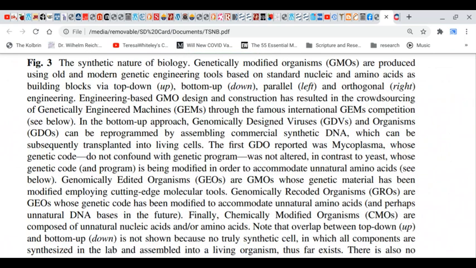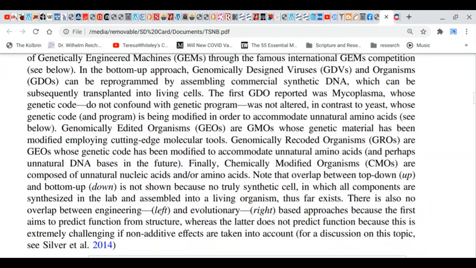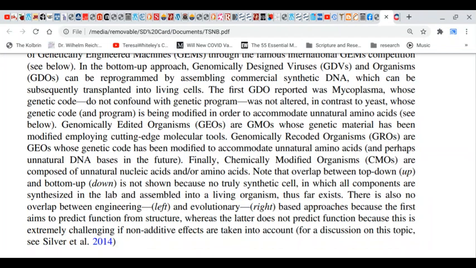Genomically edited organisms are GMOs whose genetic material has been modified employing cutting edge molecular tools. Genomically recoded organisms are GEOs whose genetic code has been modified to accommodate unnatural amino acids and perhaps unnatural DNA bases in the future. Finally, chemically modified organisms are composed of unnatural nucleic acids or amino acids.